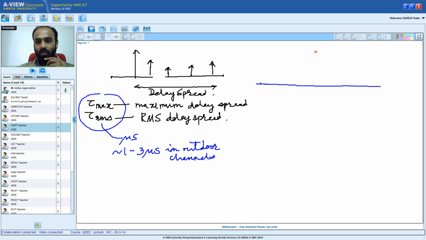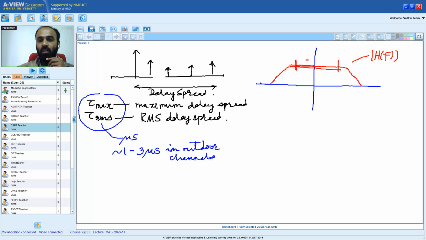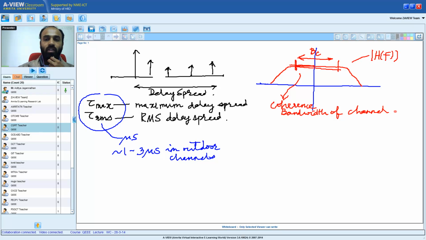If you will remember, if I take a wireless communication system and look at the bandwidth of the channel, if this is my channel filter, the magnitude response of the channel, magnitude of H of f, then this part, BC, is the coherence bandwidth of the channel.